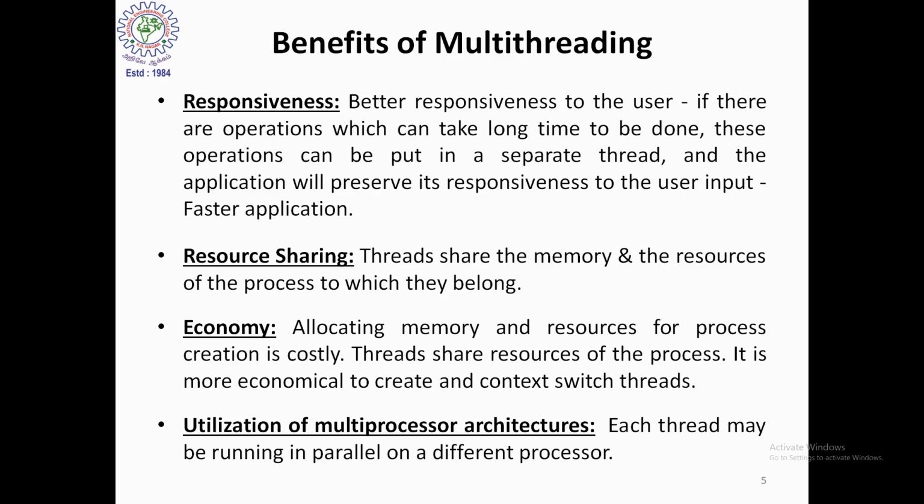On the basis of context switching, the sharing can be done in a fair way. And that resource sharing is also related to economy: allocation of memory and resources for a process may become costly in the single-threaded approach, whereas with multiple threads it becomes more economical.